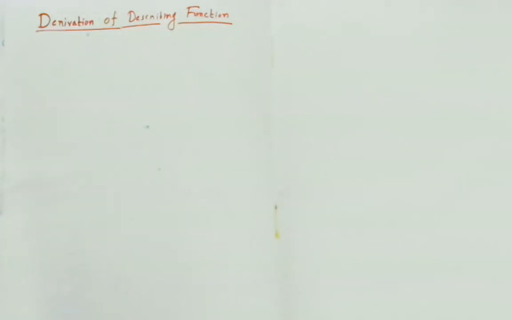This is a method which is used in those cases where device characteristics deviate by a large amount from the linear operation. I can also say that the describing function method is not based on a very solid mathematical basis.